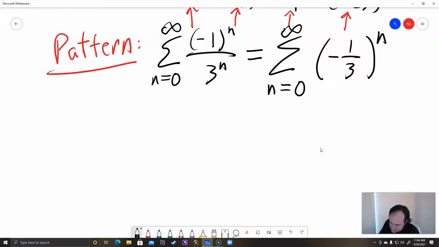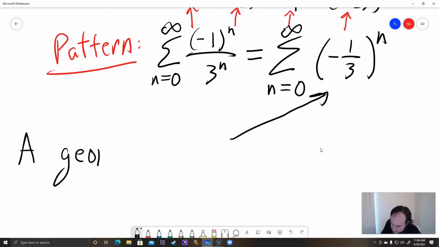So we're learning about a geometric series here. Geometric series are actually one of the most common kinds of series, by the way.